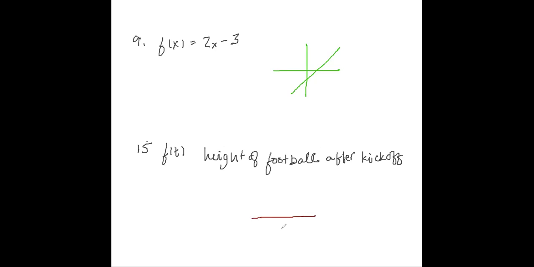It would be a parabola. It would look something like this, where here the football is kicked, and here is where it lands. This is time. Is this one-to-one? No. Nope.